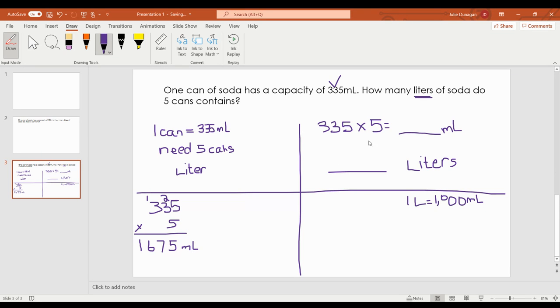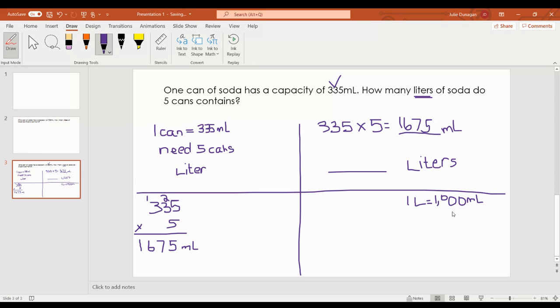Now I'm going to bring that and I'm going to write it up here where I wrote my original equation with a line so I remember where it goes. So we're not done yet because we still have to convert our milliliters to liters. So we'll come down here and we wrote down before that 1 liter equals 1,000 milliliters.